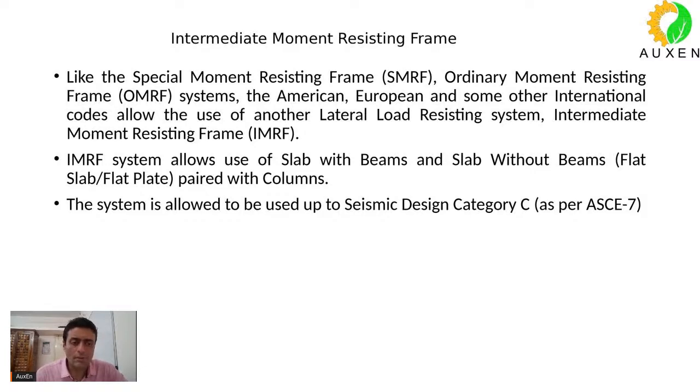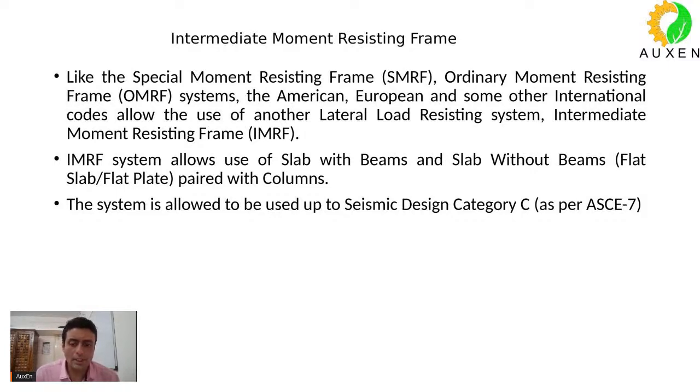In the intermediate moment resisting frame, you have got two options. One is to have slab with beams and columns, and the other system that you can go with is slab without beams. Slab without beams, I think we all better know as the flat slab or the flat plate system.